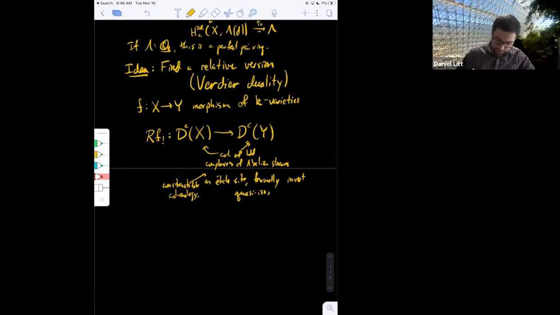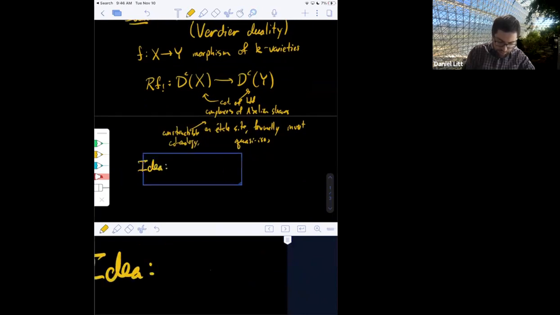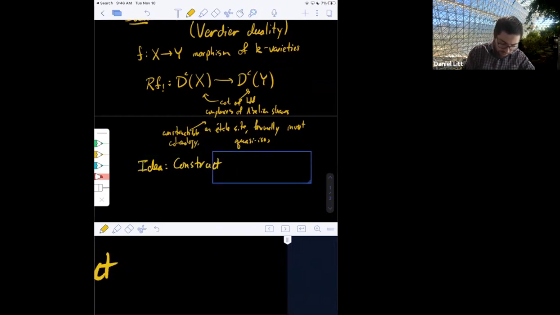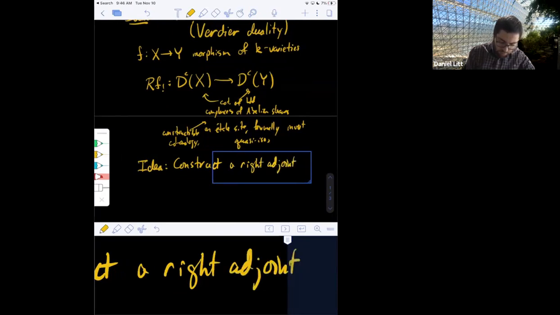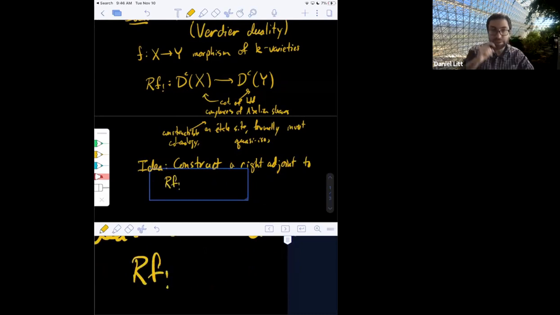Okay, so the idea now will be to construct a right adjoint to our F lower shriek. This is something that in general only exists on the level of derived categories.